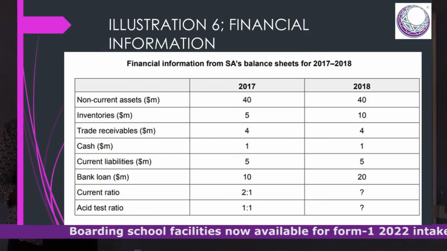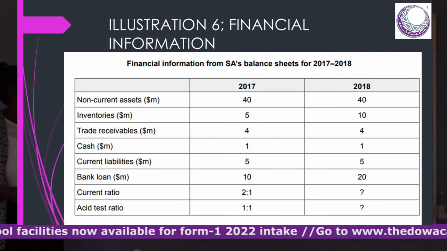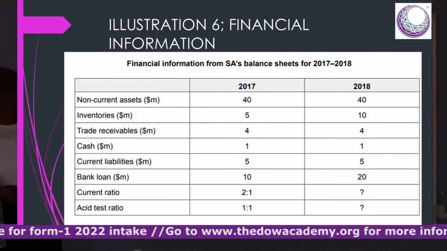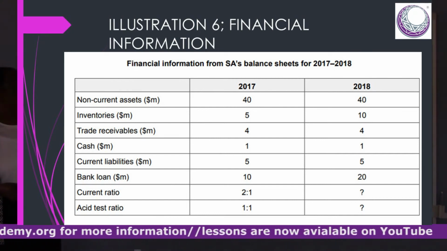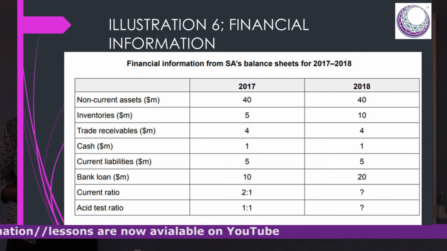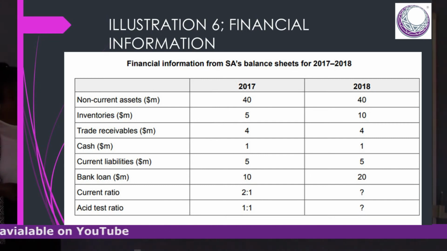The next one is financial information. This is financial information from SA. SA is the name of a company. Balance sheets for 2017 and 2018.